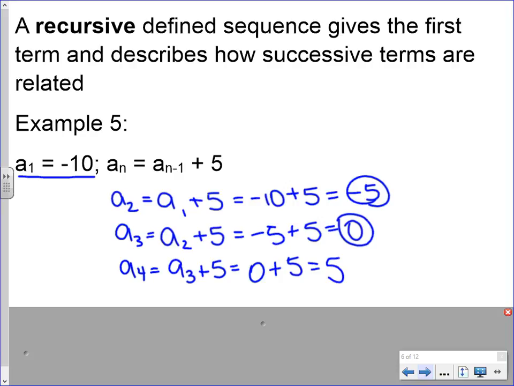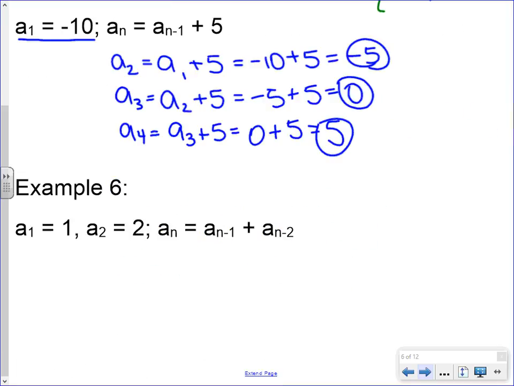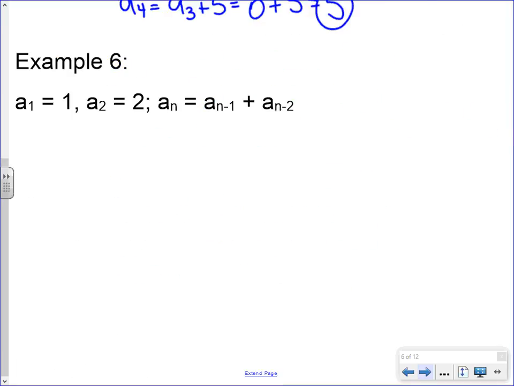And from that point, yes, you can. So our sequence is negative 10, negative 5, 0, 5. It keeps going. Okay, what I ask that you do is go ahead and write down this example 6.